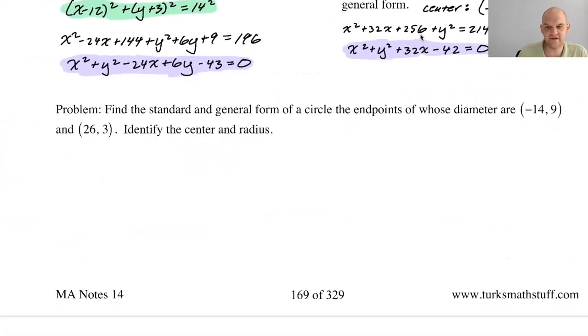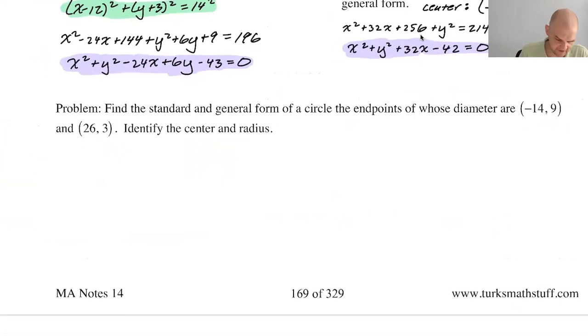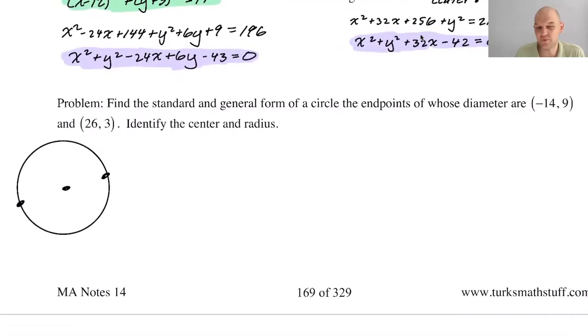All right, so we have the endpoints of the diameter. So it's like we have this and this. We'll have this perfect circle that I totally freehanded, like that. Okay, so that's what we have. So I'm going to find the midpoint of these points because that should be the center.